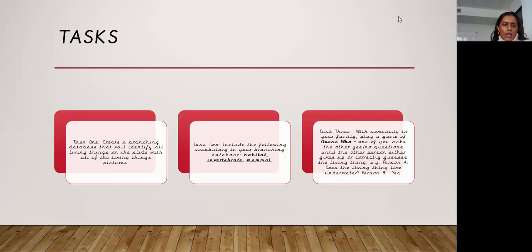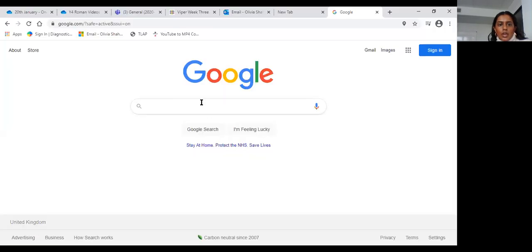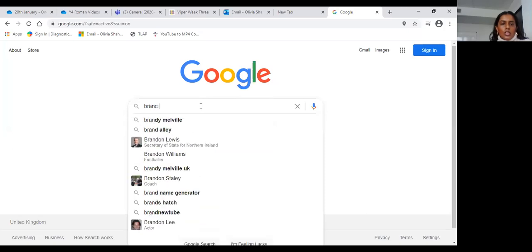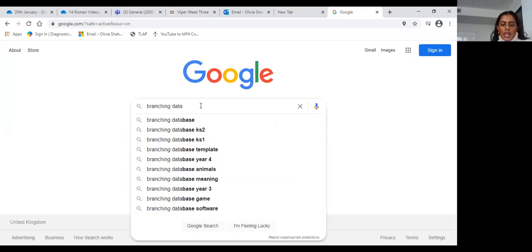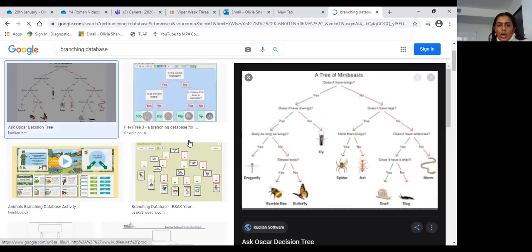So if I go out of here and I go to Google, I'm just going to screen share with you Google, and I'm going to put branching database. I'm just going to show you an example of one, a tree of minibeasts.